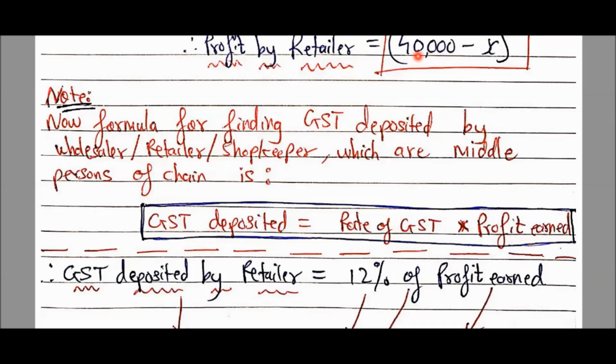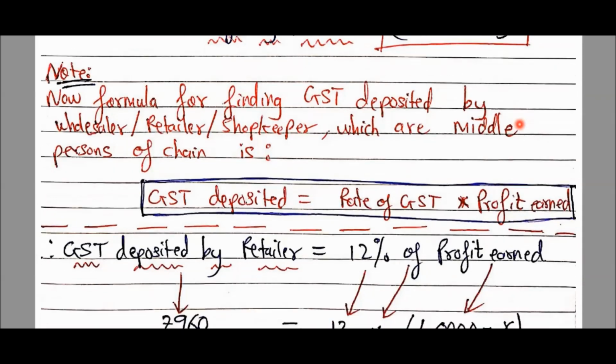Because see, this 40,000 minus X will be substituted at the place of profit earned. And GST deposited is already given in the question, and rate of GST is also given. So what will happen? When I substitute inside this profit earned, I'll get the value of unknown X, which is my cost price. Okay, so let's proceed further now.